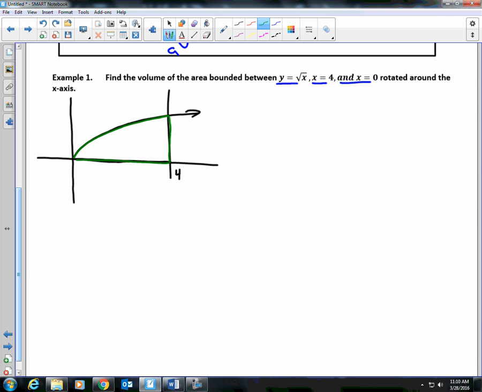Now, I'm going to draw the bottom portion of it when I rotate it. And again, what we're truly doing is we're taking a rectangle from that area, and we will spin that rectangle around.